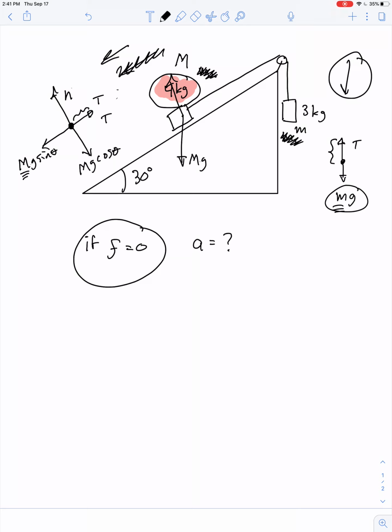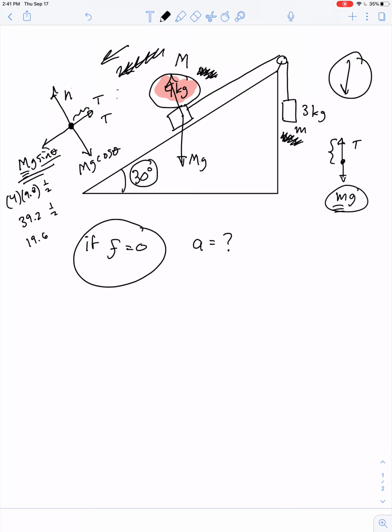Okay, so let's see. Well, 30 degrees makes the calculation somewhat easy. We know the sine of 30 degrees is 1/2, and we might as well just then calculate what would be this component of gravity. So this would be 4 times 9.8 times 1/2, give us 39.2 times 1/2, so just barely less than 20.